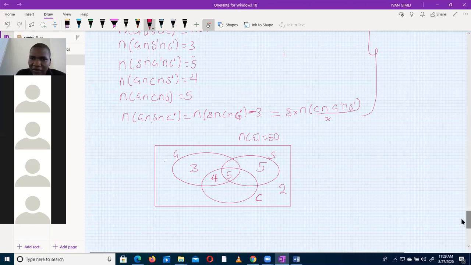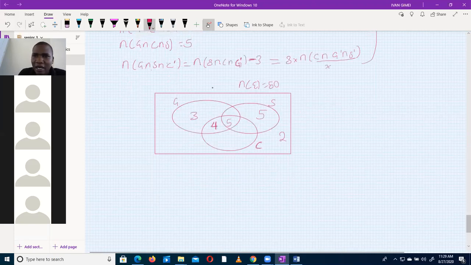We have to go ahead and look for the expressions. Somebody is saying we can use symbols. Yes, here we can now bring in the symbols.